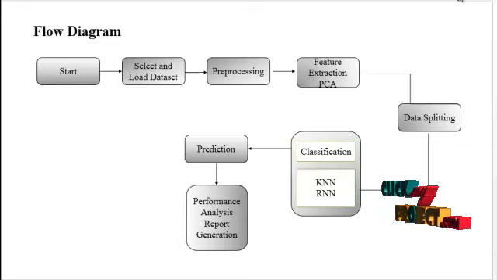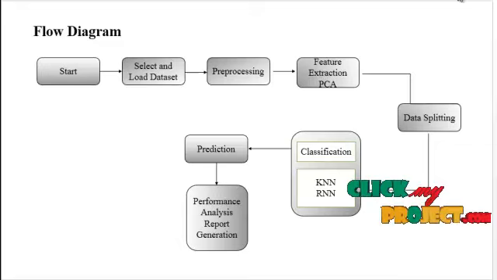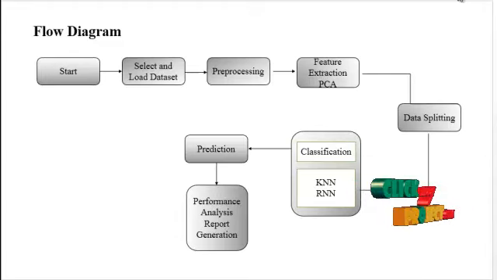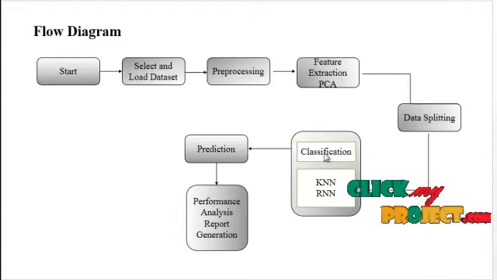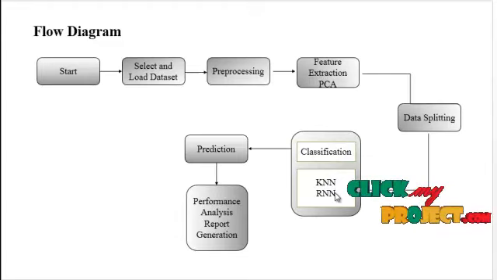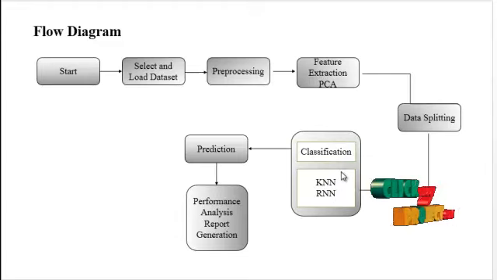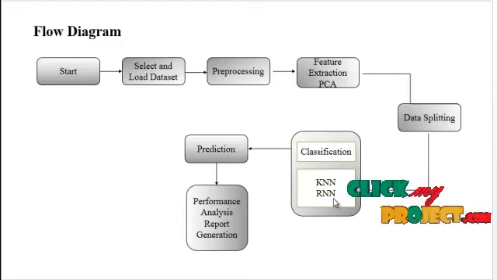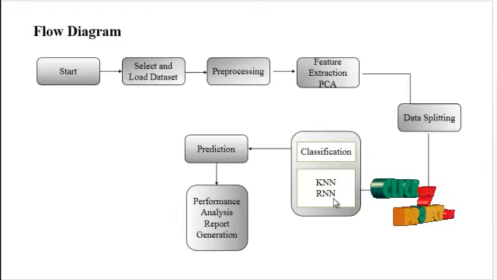Next, data splitting. Our data is split into training and testing data. Next, classification. Classification is algorithm implementation. This is the KNN and RNN algorithm. KNN is a machine learning algorithm, K nearest neighbor. RNN is the recurrent neural network algorithm. This is our proposed algorithm.